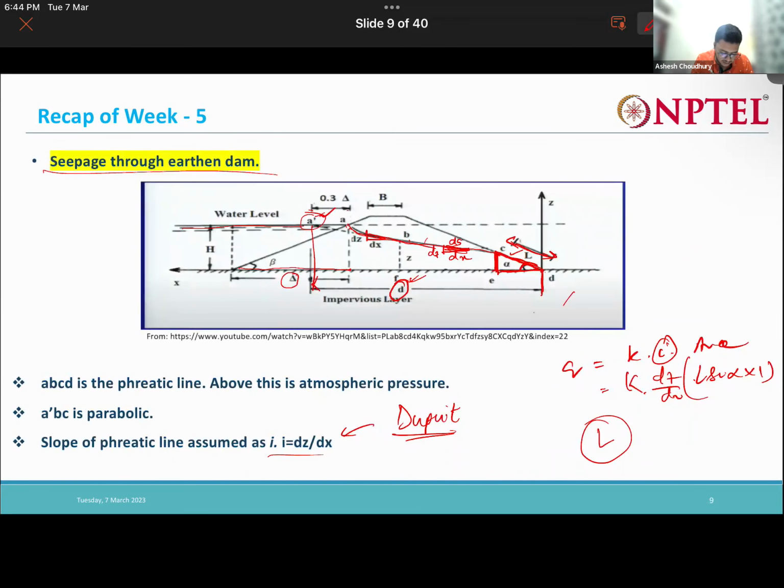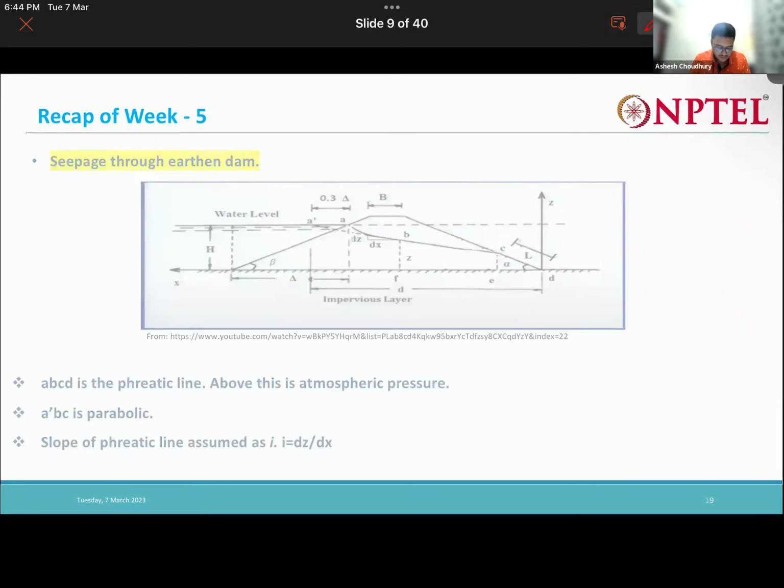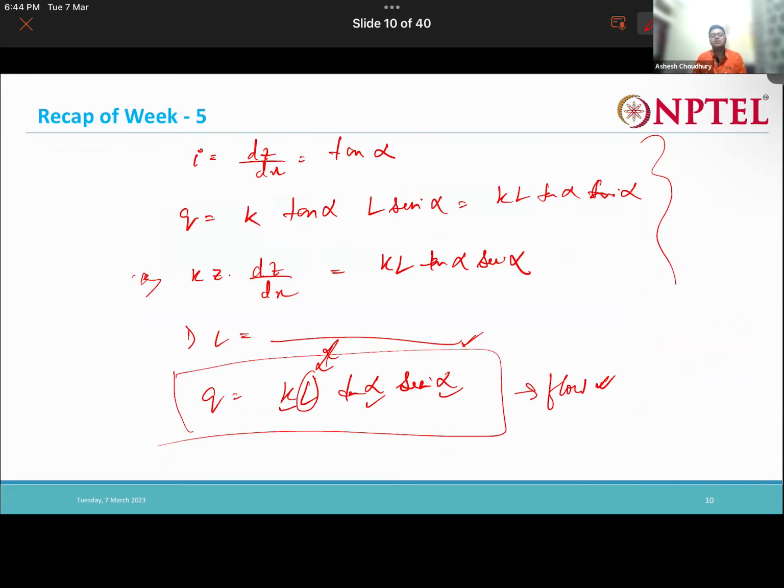In that case my flow lines are like this, and my potential lines are like this. So we can draw these things. I suggest you go through the steps of how to draw a flow net for this kind of structure once. Using the flow net also we can determine our Q values, the flow values.